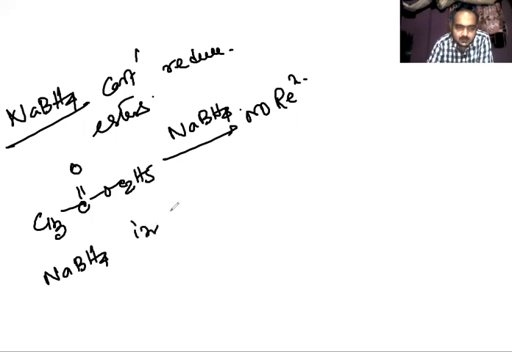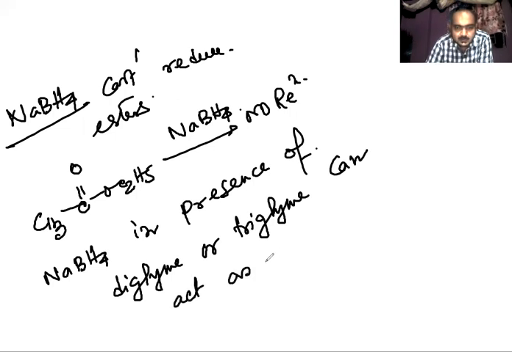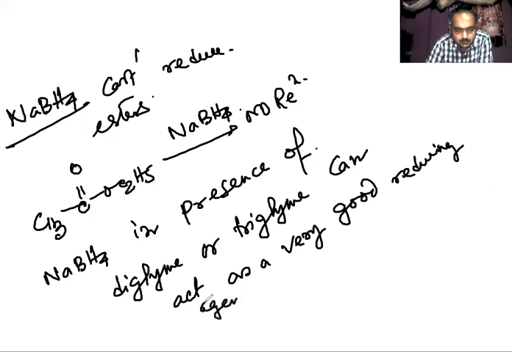NaBH4 in presence of diglyme or triglyme can act as a very good reducing agent, or in 18-crown-6 crown ethers.